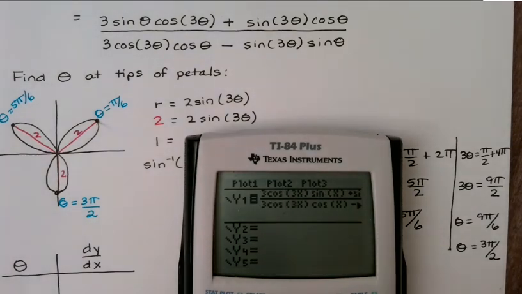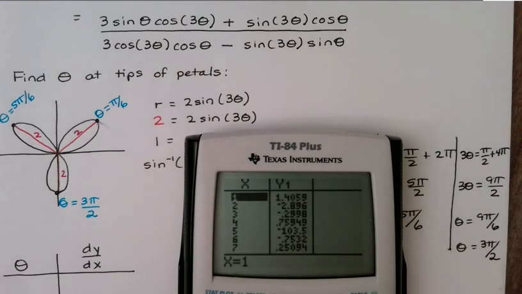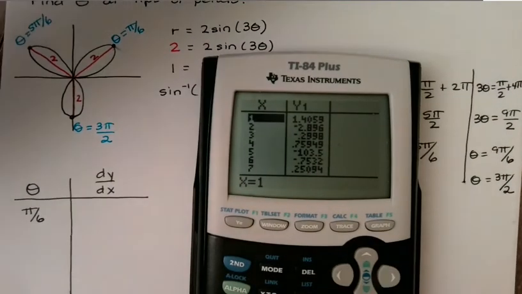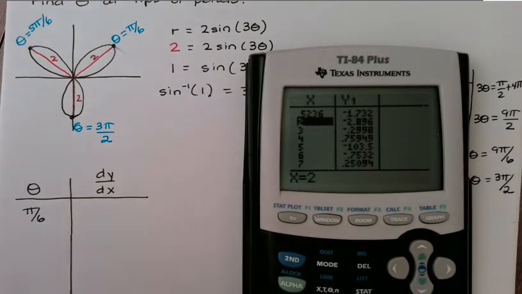So what we're going to do is go to a table. My first theta value was pi over 6. If I put that into my table, I get negative 1.73.